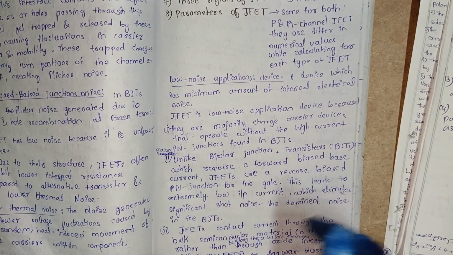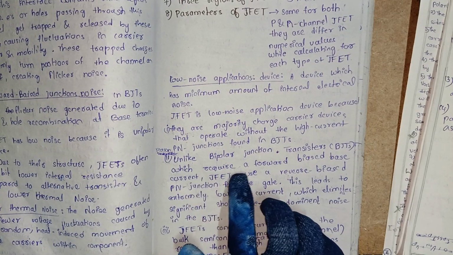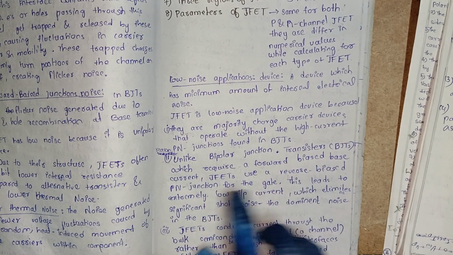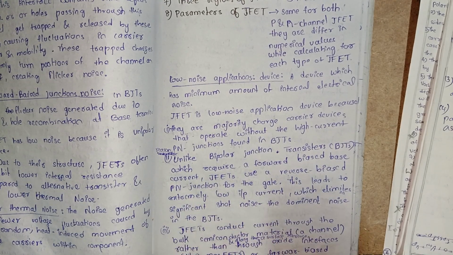Unlike bipolar junction transistors, BJTs, which require a forward bias base current, JFET uses a reverse bias PN junction for the gate. This leads to extremely low input current, which eliminates significant shot noise, the dominant noise in the BJT.